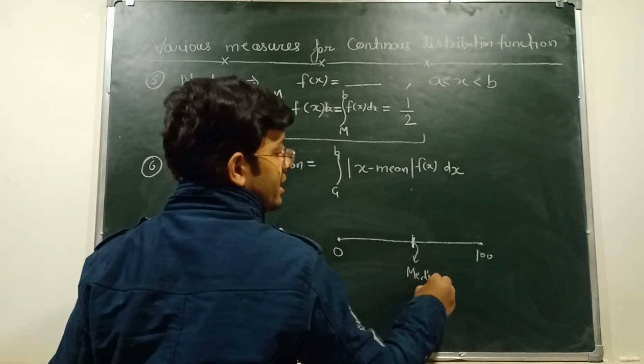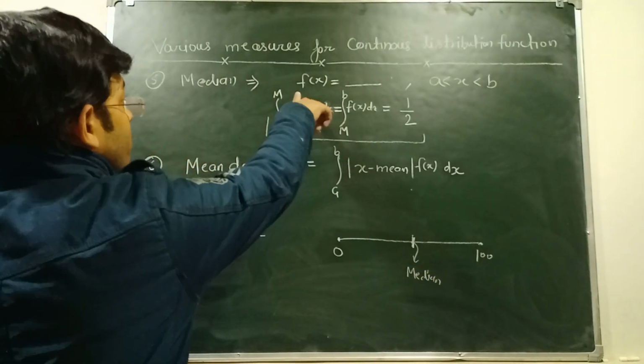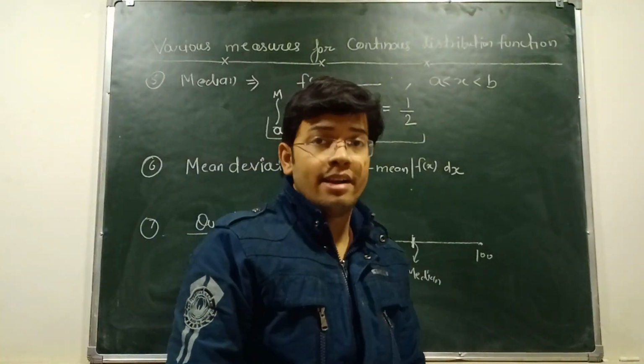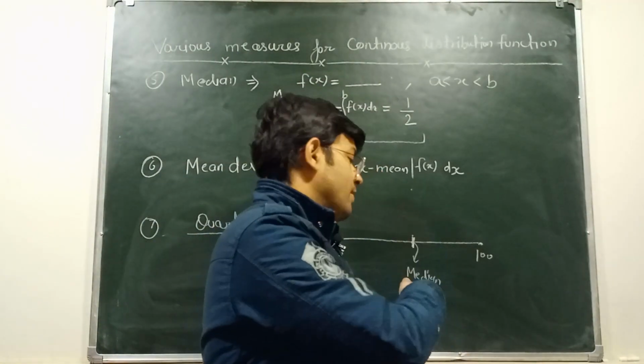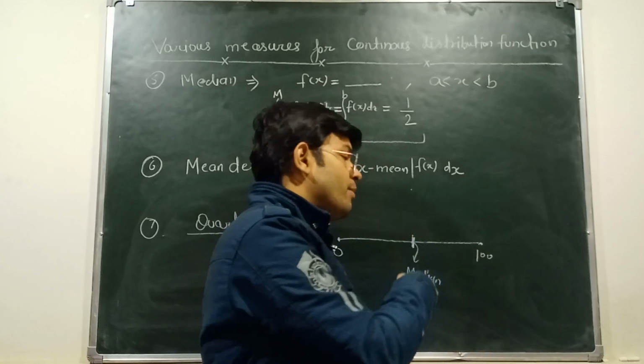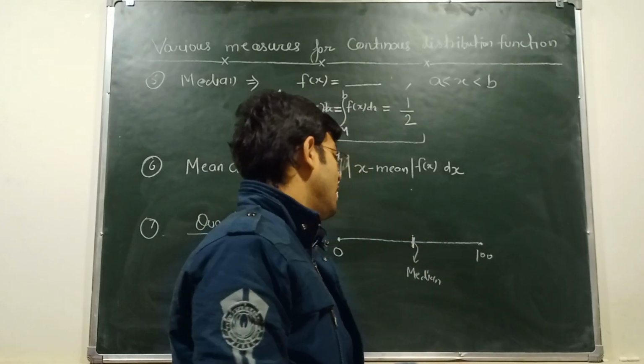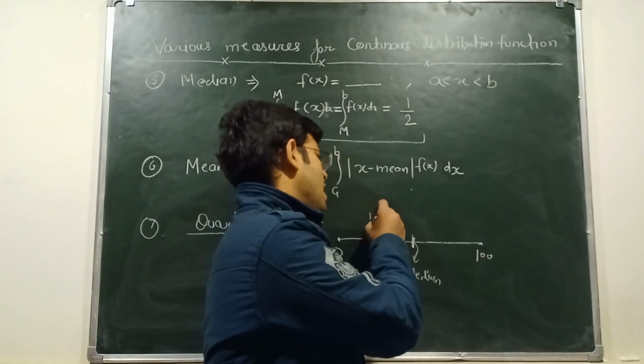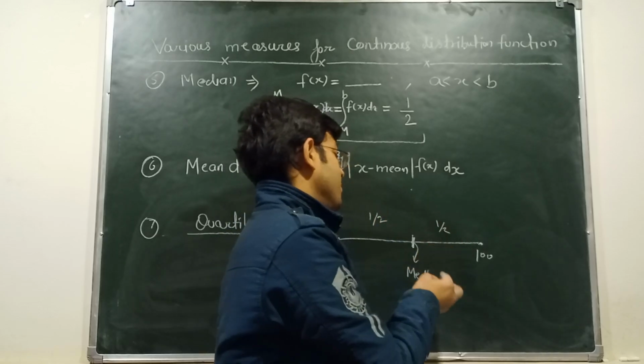In this case we divide the whole values into two parts. The midpoint is called the median, and this is the half term and this is the other half term.